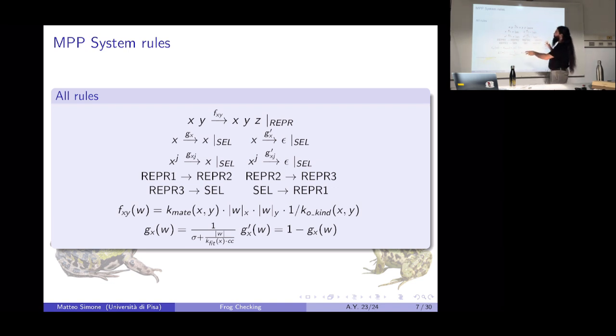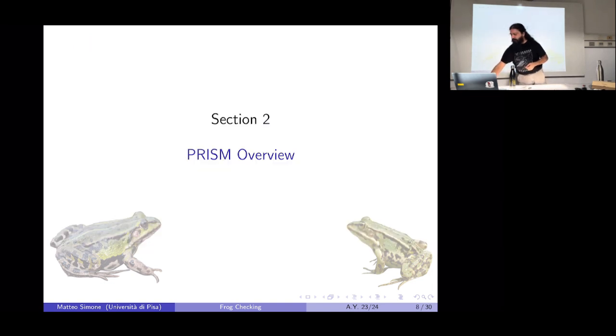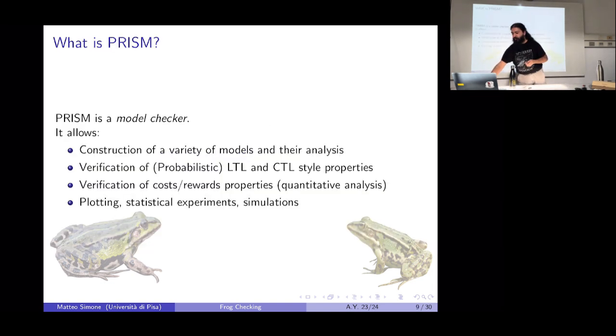These will be translated later into another form that we will use to do some model checking. To do this model checking, we will use Prism. Prism is a model checker. It allows the construction of several kinds of models on which we will verify properties written in an LTL, CTL style with probabilistic extensions.